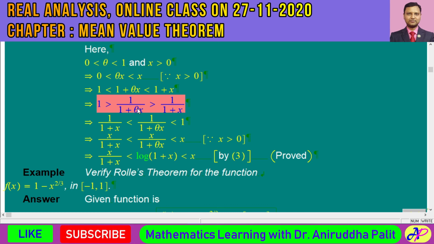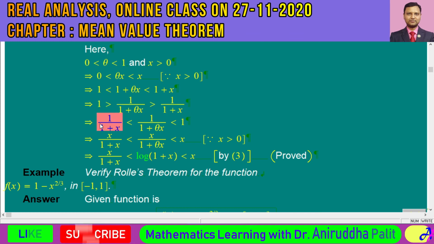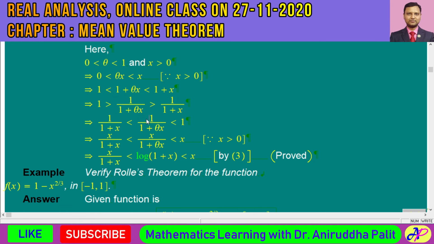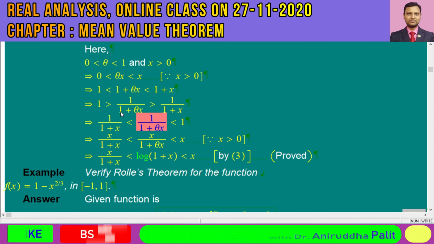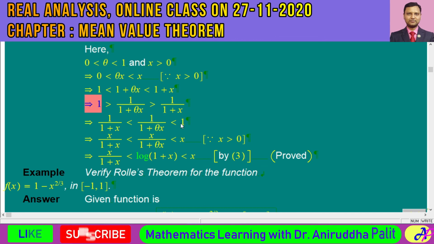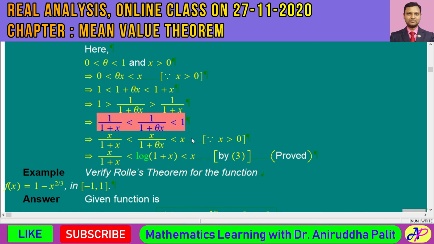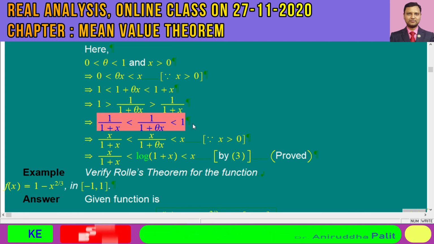Left hand side is greater than the middle term, and that is greater than the right hand side. So I am first writing the right hand side. Right hand side is less than this middle term, and this middle term is less than this left hand side 1. So I am converting this inequality into a less than inequality.